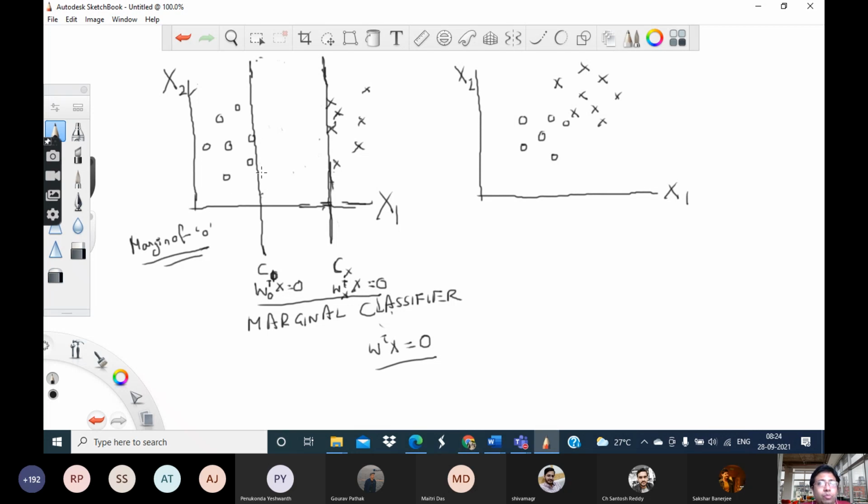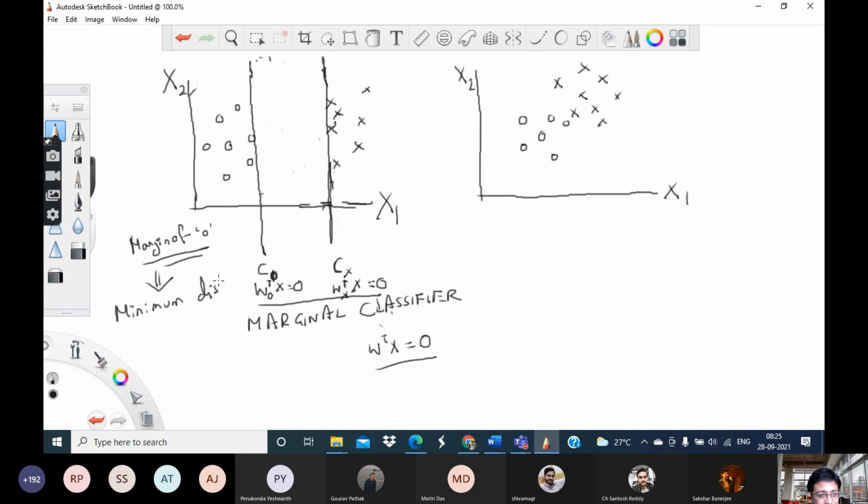So what is the margin of a class with respect to any hyperplane? It is basically the minimum distance of any point in that class from that line.